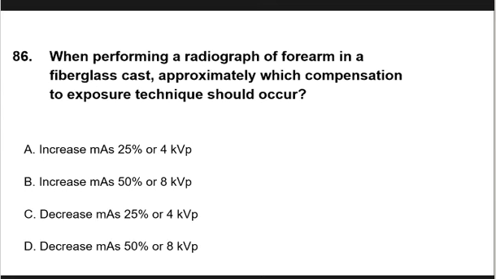Diba pag nag-e-x-ray tayo, especially sa forearm, kung merong fracture, it's either na ginagamitan ng fiberglass na cast or it's either ginagamitan natin ng small cast, yung basa, di ba? Sinisemento, pwedeng basa or natuyo na and fiberglass. So magkakaiba ang factor nila. Pag fiberglass cast, ano ang factor? Increase the MAS by 25%.